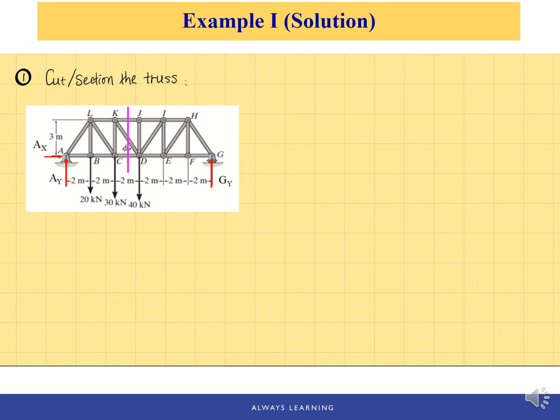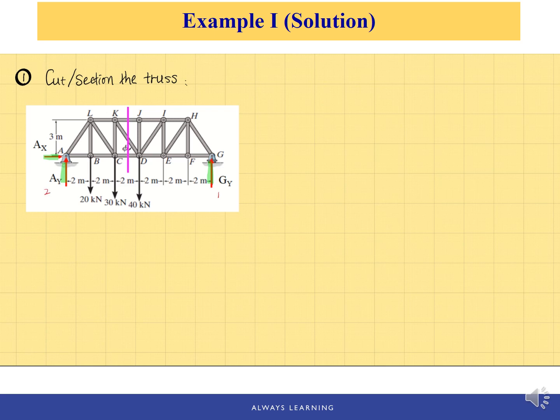But if we compare the left and right segment, first of all, if we choose the left segment, there are 2 support reactions at pin A. But if we choose the right segment, there is only 1 support reaction.